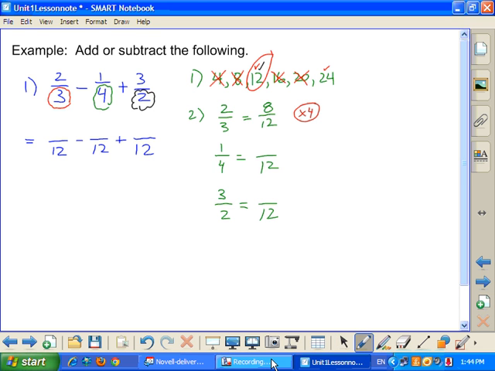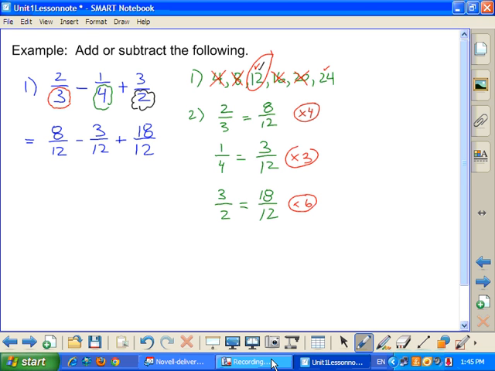The next one, 4 times 3 is 12, so that means 1 times 3 is 3. And the last one, 2 times 6 is 12, so 3 times 6 is 18. So there are the 3 fractions I'm going to add. So 8 twelfths, 3 twelfths, and 18 twelfths.